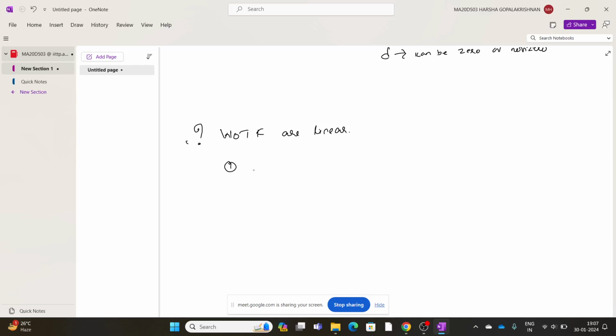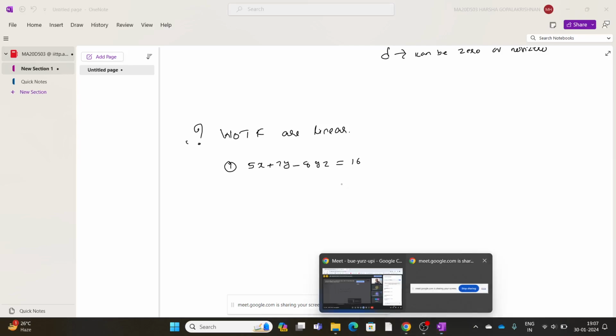So the first one is 5x plus 7y minus 8yz equal to 16. So is this linear or not? Not linear. Yeah, not linear.